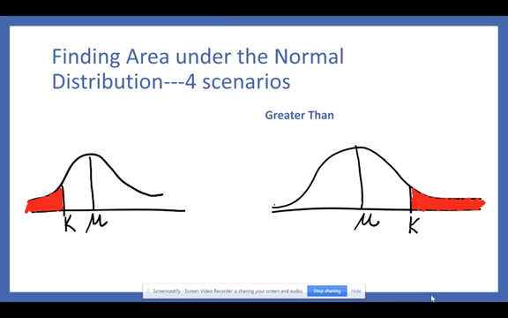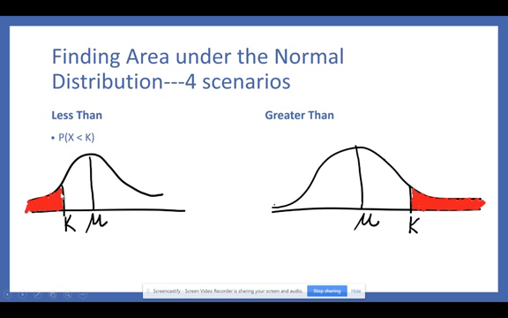Okay, so let's take a look at the 4 scenarios here, and I've tried to give you a picture of each one. Word-wise, it could say less than in the description. Symbol-wise, you would have P for probability, parentheses, the variable X is less than some number K. Visually, you draw a horizontal number line, our bell-shaped normal distribution, the mean is in the middle, and then we have our value K, which is our focus value or the one we're interested in. And we want to be less than, so we would be to the left.